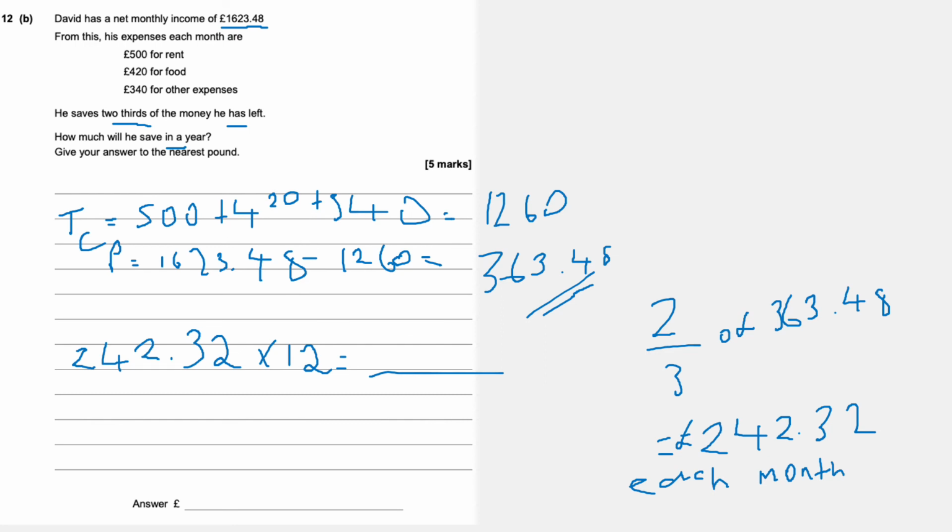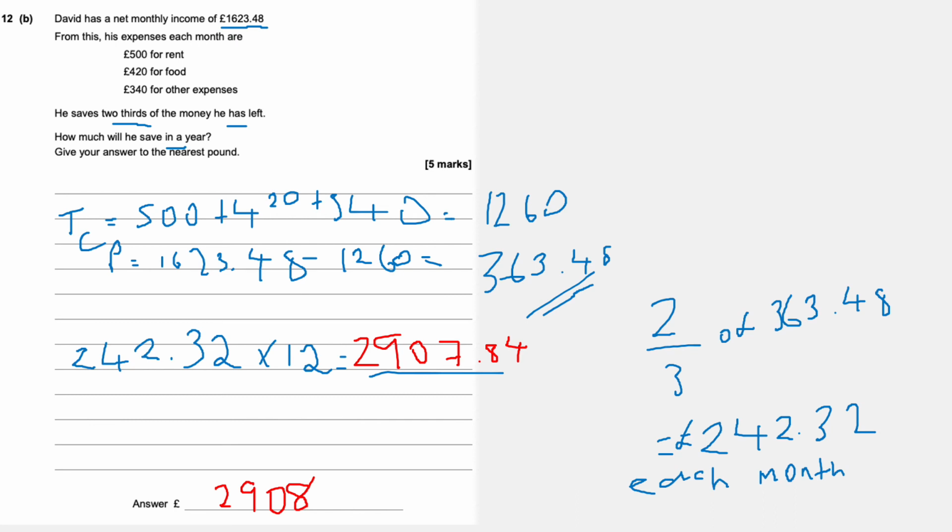We get £2,907.84. Oops, get rid of that. Sorry. Just change the colour again. So to the nearest pound, it's going to be £2,908, because the 0.84 rounds the 7 up.